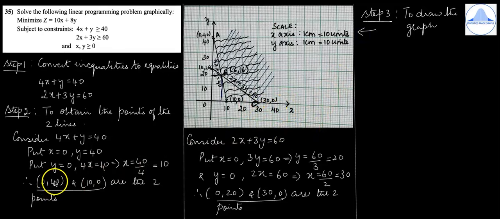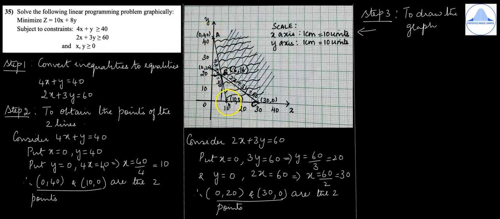We have to mark the points 0, 40 and 10, 0 for the first line, and 0, 20 and 30, 0 for the second line. On the x-axis you can take 0, 10, 20, 30, 40, and similarly on the y-axis you can take 0, 10, 20, 30 and 40. So mark the first point 0, 40, that is here, and then you mark 10, 0, which is here.